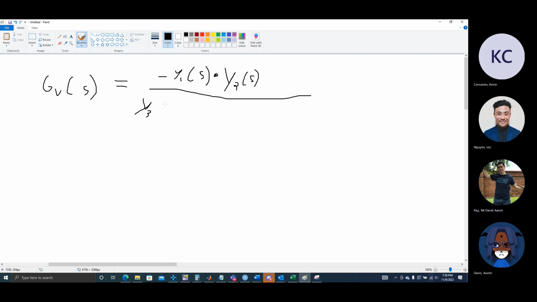Y3 of S. Actually, maybe I should just get rid of the S's, because everything's going to be in terms of S, and it'll be a lot less writing for a mouse to do.